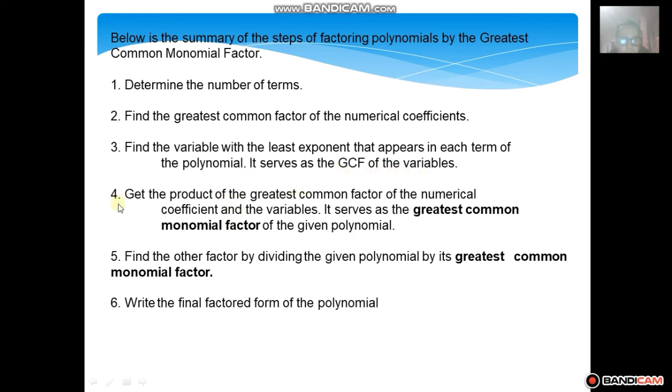Number 4, get the product of the greatest common factor of the numerical coefficient and the variables. It serves as the greatest common monomial factor of the given polynomial. Number 5, find the other factor by dividing the given polynomial by its greatest common monomial factor. Then lastly, write the final factored form of the polynomial.